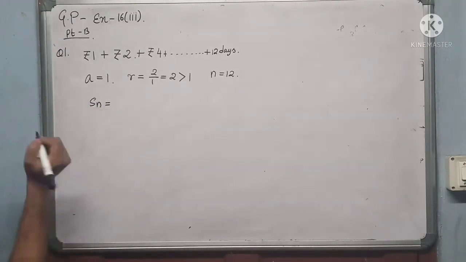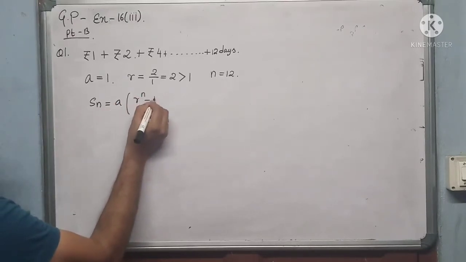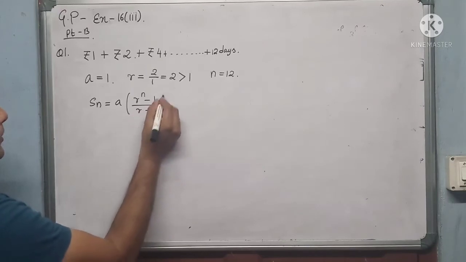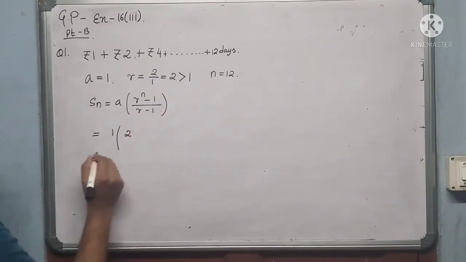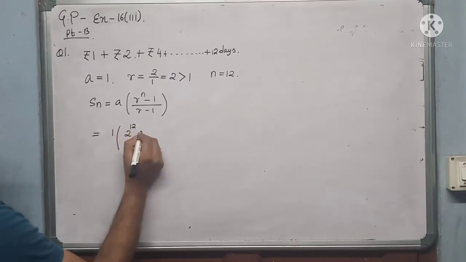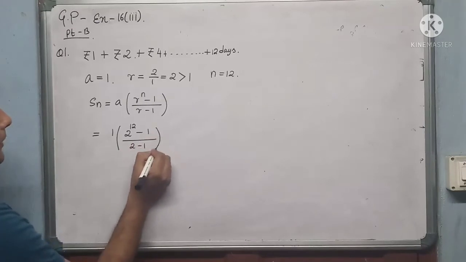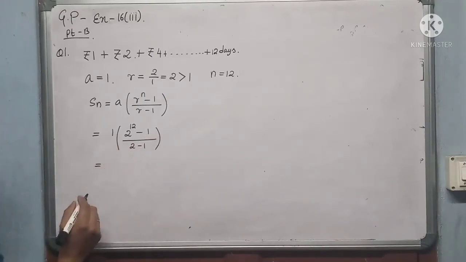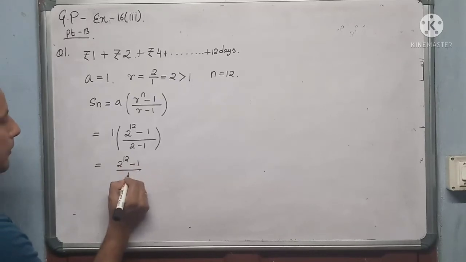Sn is equal to the formula a times r to the power n minus 1 divided by r minus 1. Now A is 1, R is 2: 2 to the power 12 minus 1 over 2 minus 1, which is 2 to the power 12 minus 1 over 1.